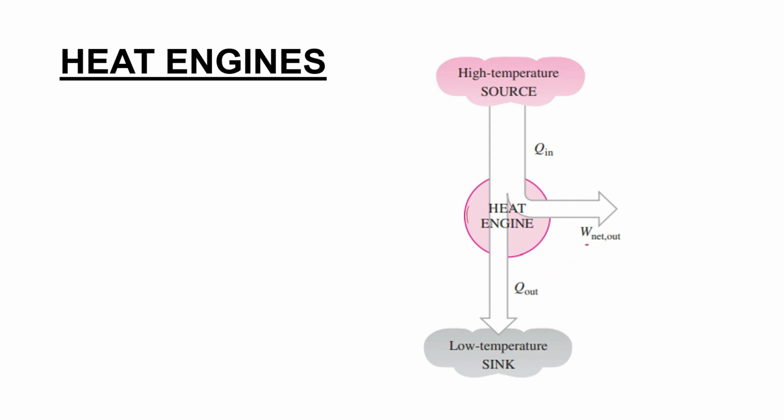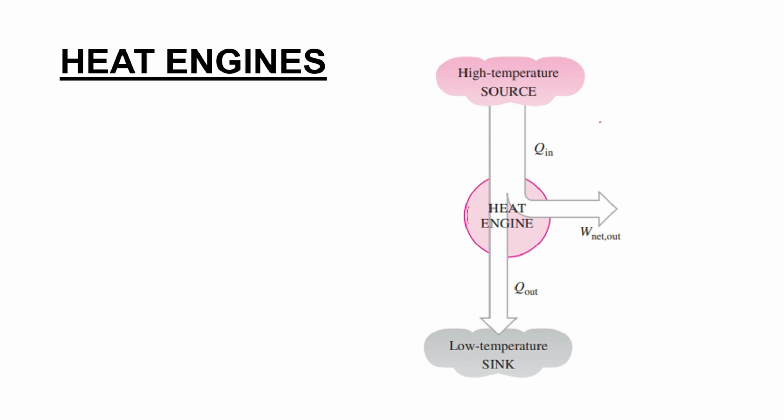And you also extract work, that is the net work out. So a heat engine takes in Q in and produces work and then rejects the rest of the heat to the low temperature sink.